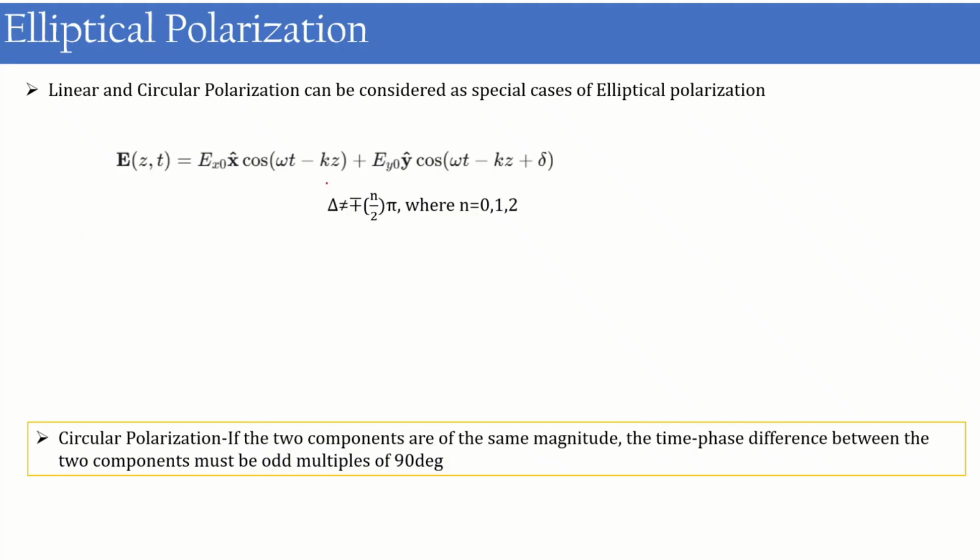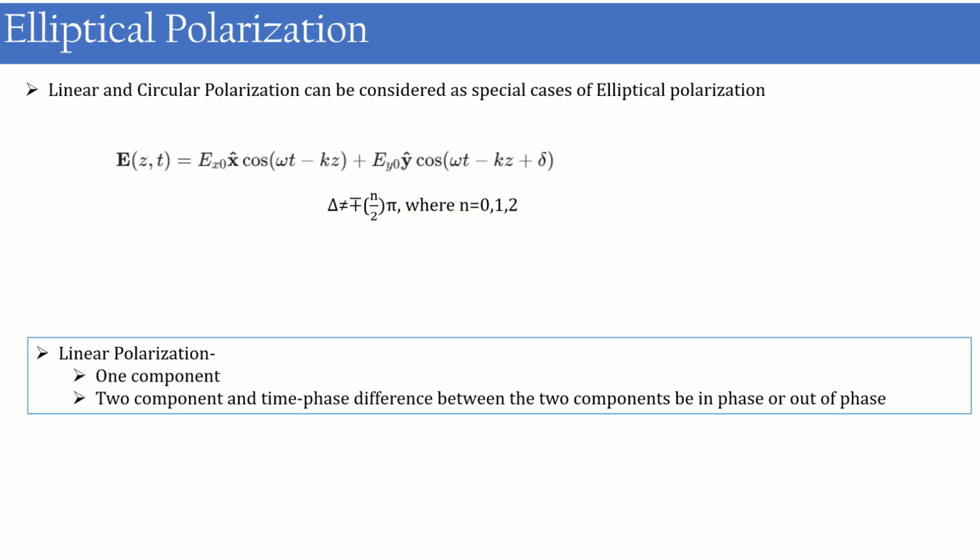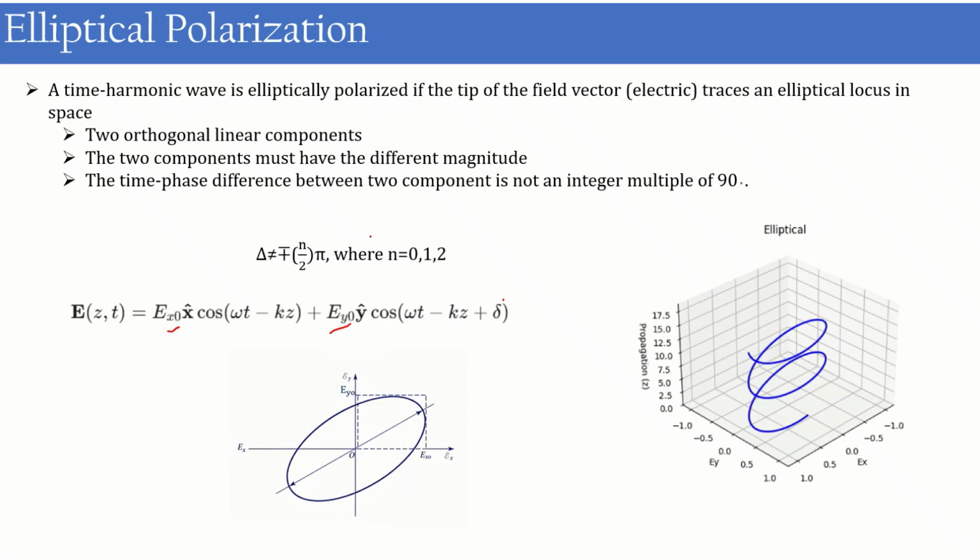And from the elliptical polarization, we can also get circular polarization if the components Ex0 and Ey0 are equal and delta is an odd multiple of 90 degrees. So we can consider both linear and circular polarization as special cases of elliptical polarization, and we will be considering elliptical polarization, or this ellipse, as the reference for calculating the parameters of the different polarizations.